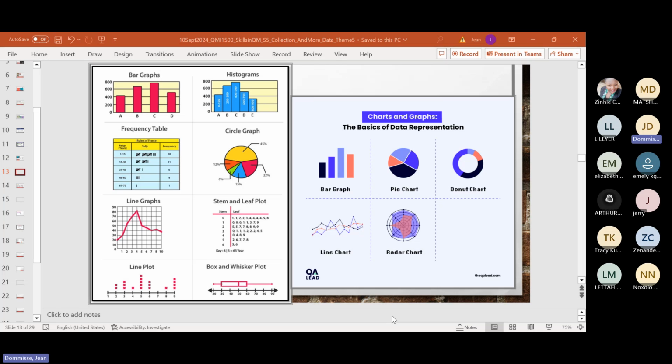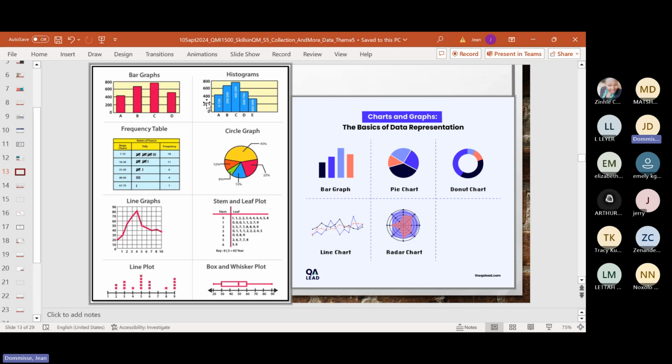Then the next set of things that we need to look at is visualization of data. They can have bar graphs, histograms, frequency tables, a circle graph, which can also be called a pie chart. When you Google and look at YouTube videos, there are different things they can call all these.